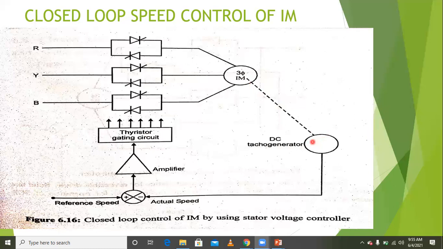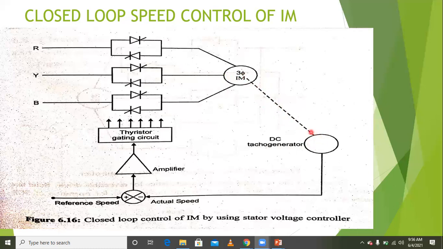The output voltage changes according to the three-phase induction motor speed.